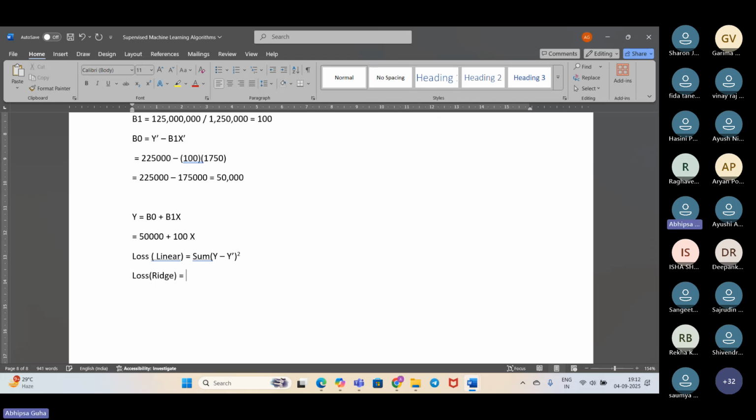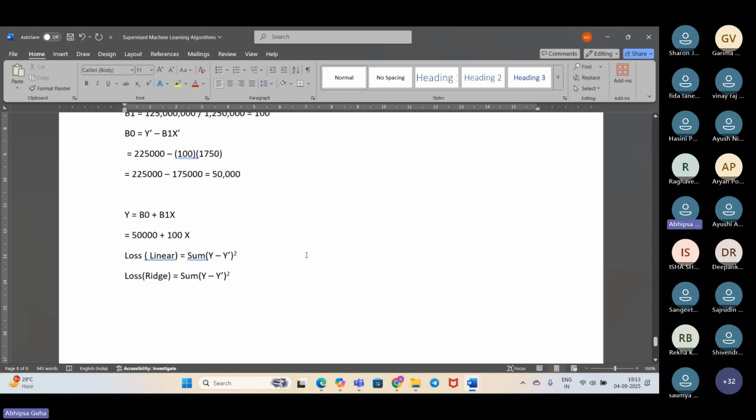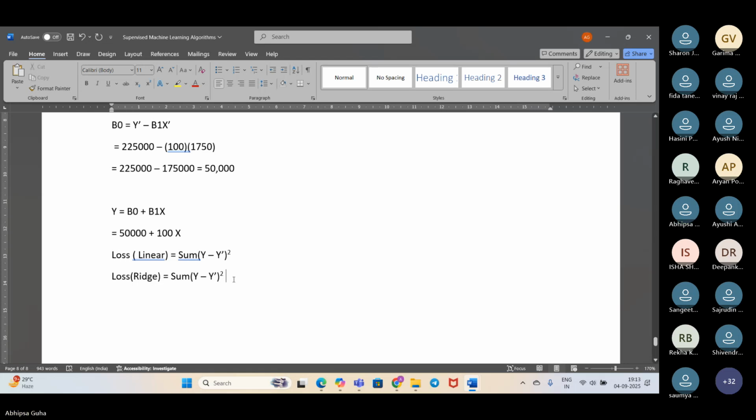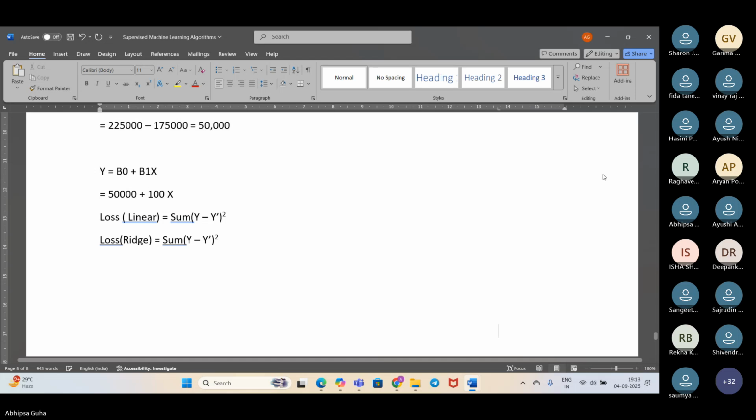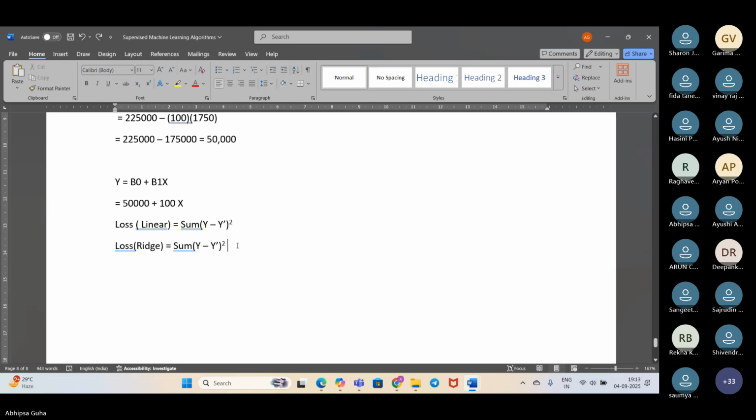We are doing the same thing up to this. Then we are just adding up this value, alpha, multiplied with the summation of the b values, that is bi square.